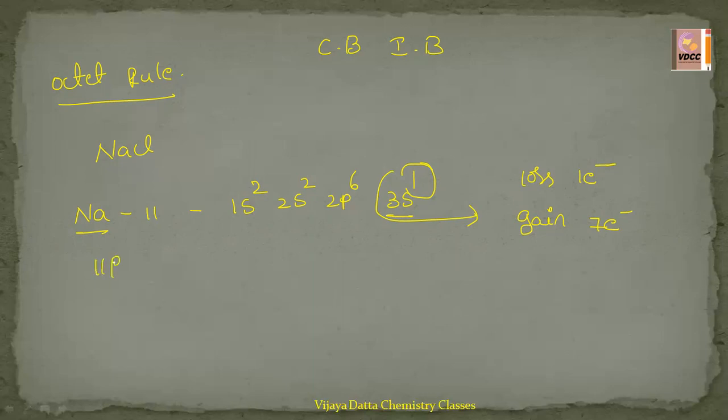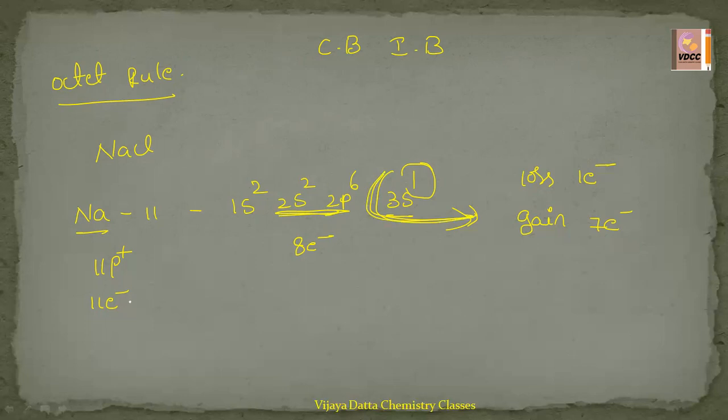Actually, atomic number 11 means 11 protons and 11 electrons. If it loses this 1 electron, the second shell will be the outermost shell. It has 2 plus 6, 8 electrons. Now, if sodium loses this 1 electron, the outermost shell will be the second shell, which is stable with 8 electrons.